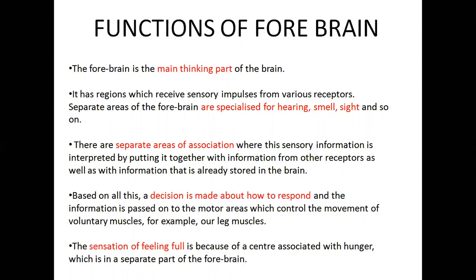So for example, if we are served some food, we'll see how the food looks, we'll smell the food, and then based on the information of the smell and the sight of the food, and also the information stored in our memory about the kind of food we eat, all this information is put together and a decision is made whether we are going to eat the food that is served to us, or we would avoid that food. So all this decision making takes place in the forebrain, and that too in the cerebrum.